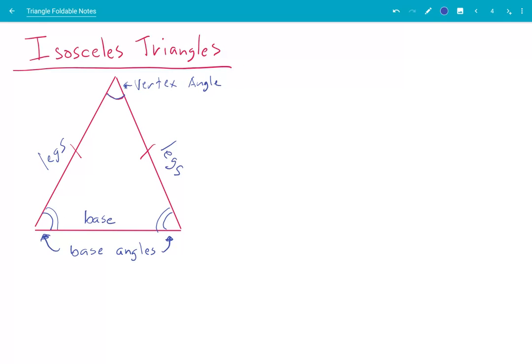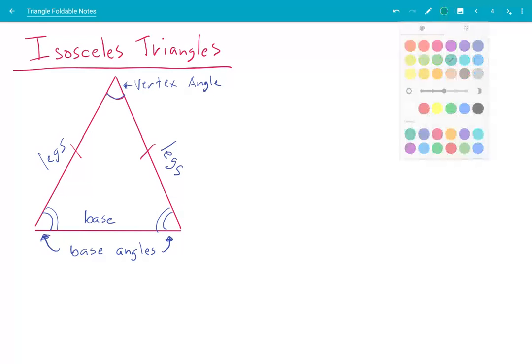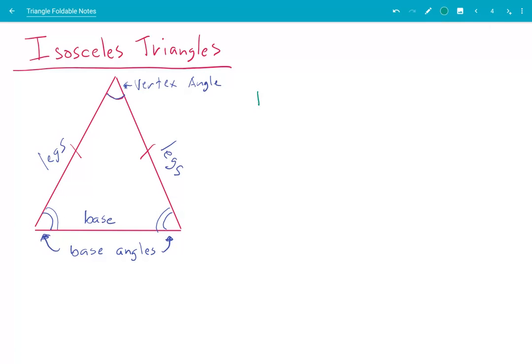So let's write down a couple of implied statements that we can use. First of all, we can say in one triangle, congruent sides imply congruent opposite angles.